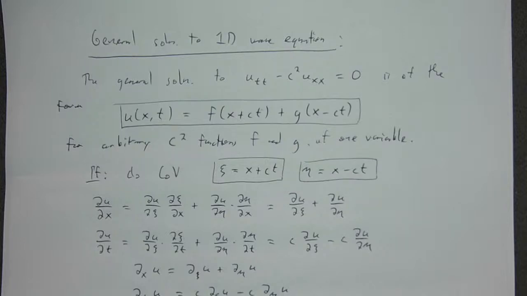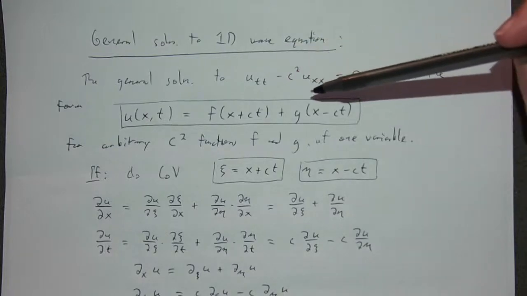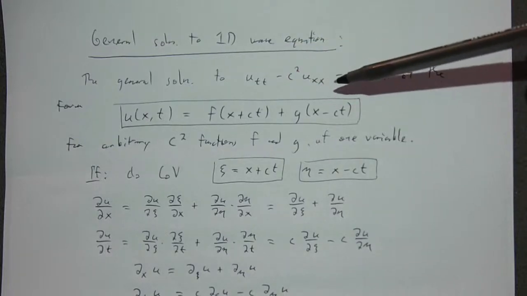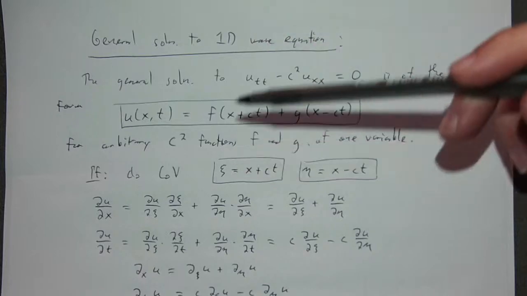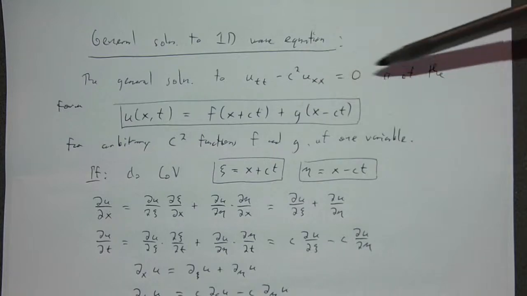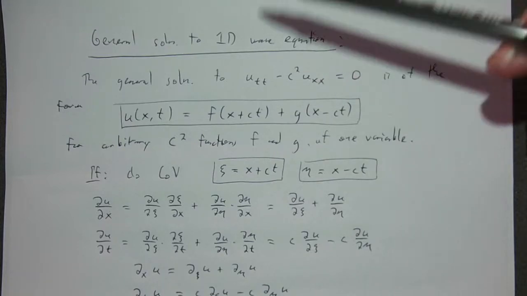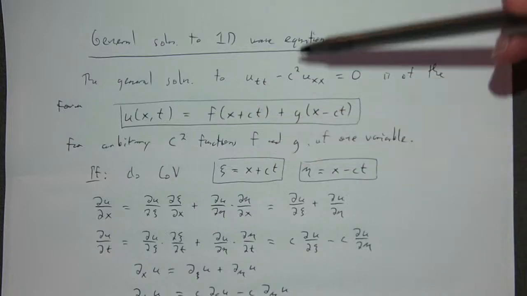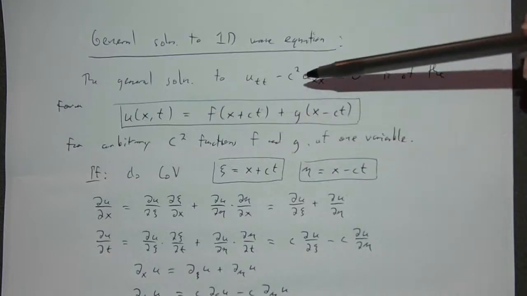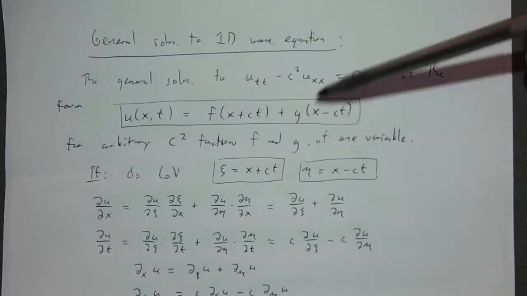But the question is, you might guess that if I were to add conditions on the initial displacement and initial velocity, then f and g would just correspond directly. One of these would be the initial displacement function and one would be the initial velocity function.